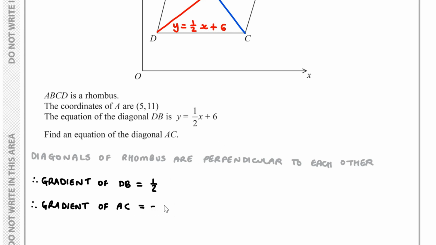So here we're going to have minus 1 over 1/2, which is minus 2. So the gradient of AC is minus 2.